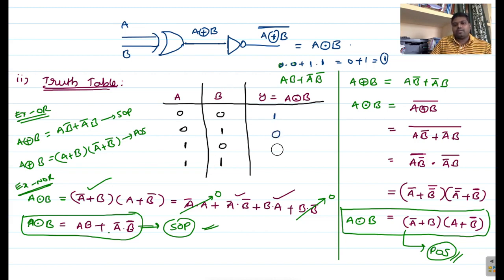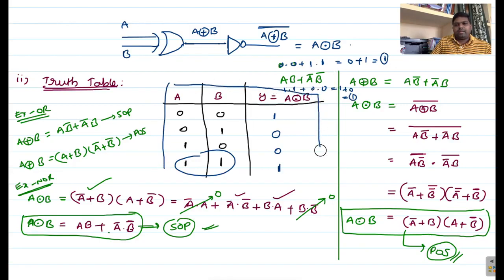You will get 0 0 1 here. For example, if you take this 1 1 condition, this is 1 and this is 1. So complement of 1 means 0, complement of 1 means 0. So you will get 1 plus 0, so you will get 1. Right. Now if you observe the previous gate, the XOR gate, we have a condition, right? What is that condition? When both the inputs are same, the output will become 0.